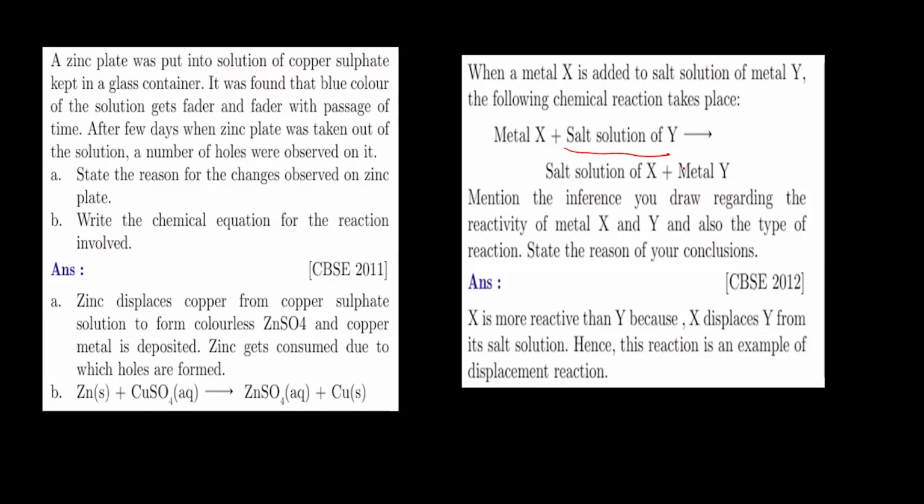Solution of X and metal Y. So metal X is kicking metal Y out, right? X is more reactive, so that is why it kicks out Y. X displaces Y from its salt solution. Hence, this reaction is an example of what? Displacement reaction.